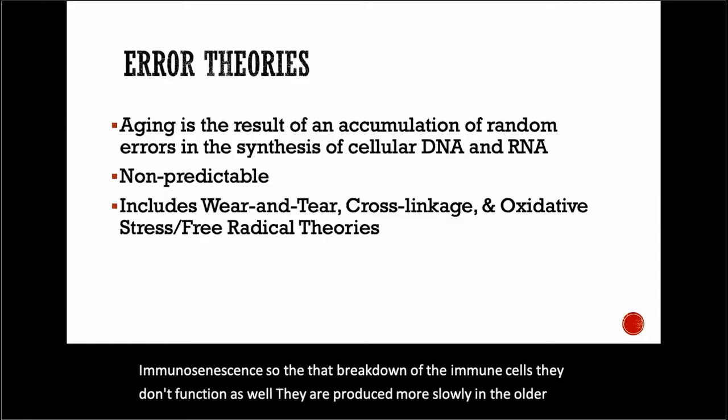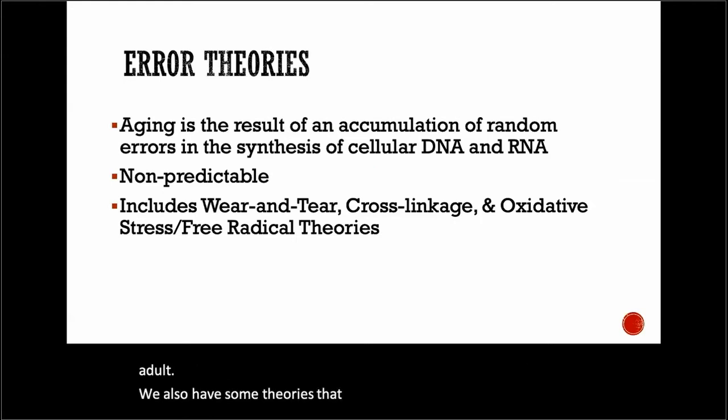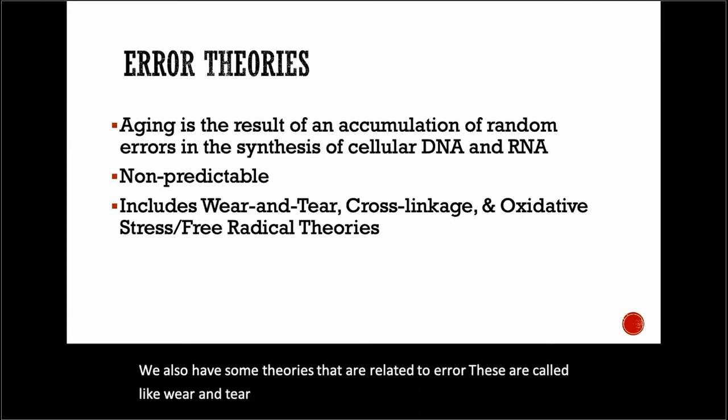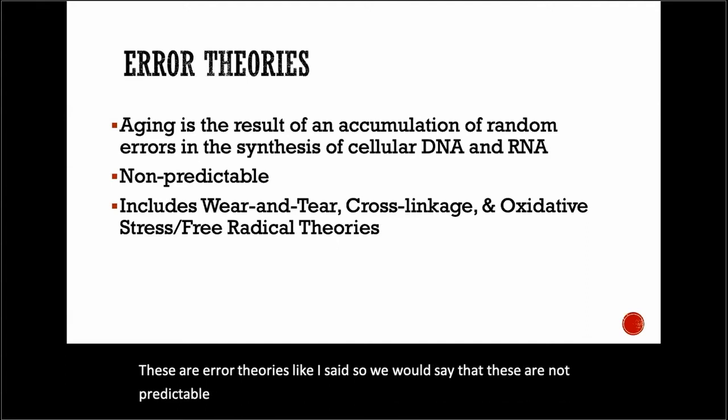All right. We also have some theories that are related to error. These are called wear and tear, cross-linkage, oxidative stress, or the free radical theories of aging. These are error theories, like I said, so we would say that these are not predictable, and the theory here is that it's not connected to a clock or to be pre-programmed.